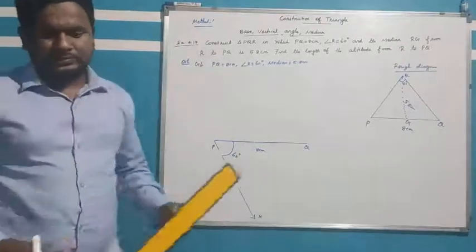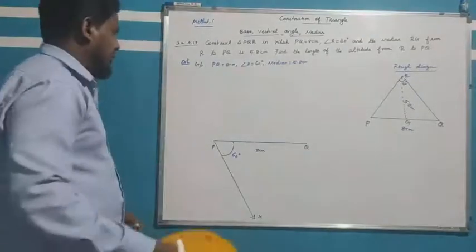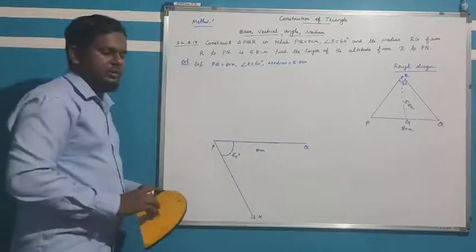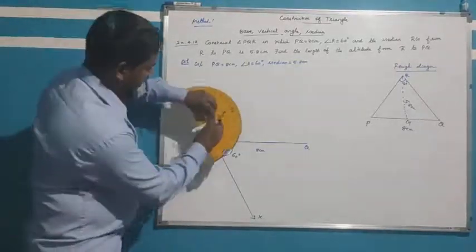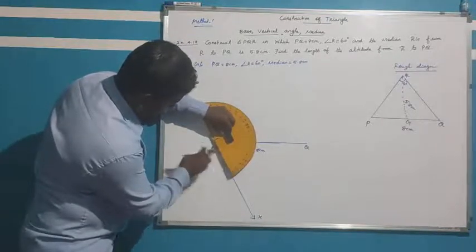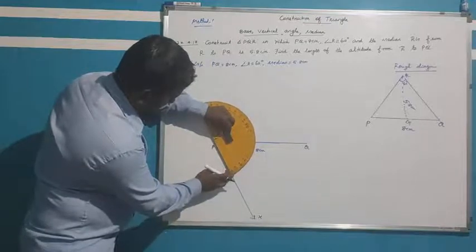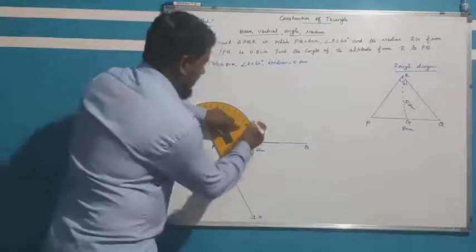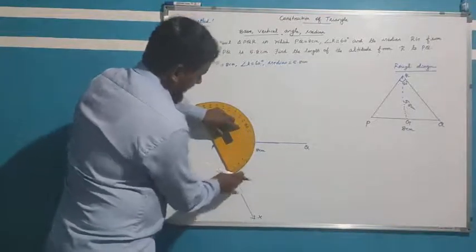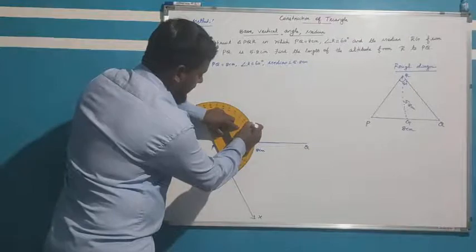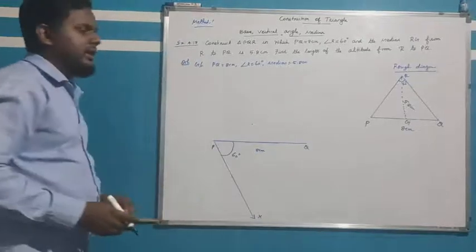After that, take the protractor and keep it correctly on this line, touching this point. After finding the vertical angle, you have to check where 90 degrees is. Mark 90 degrees here.